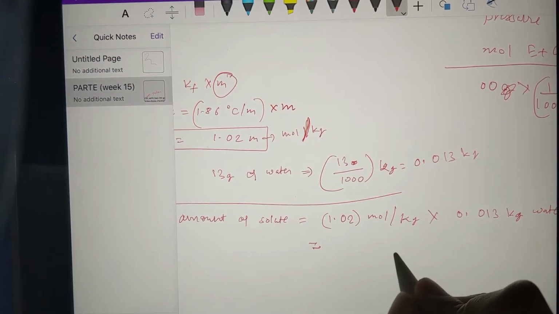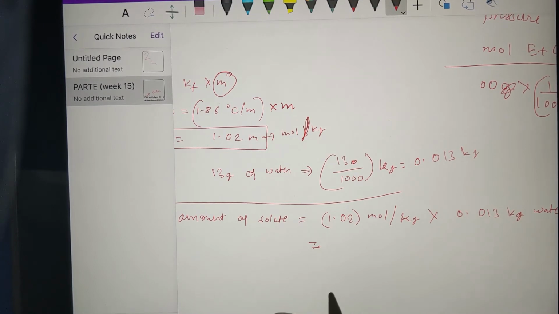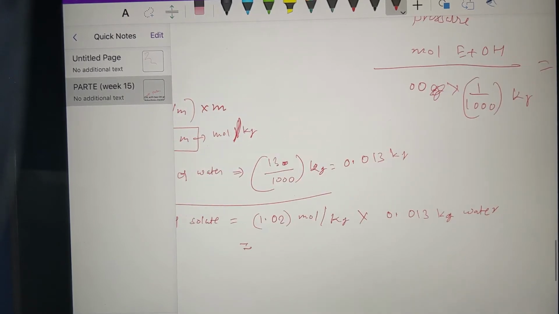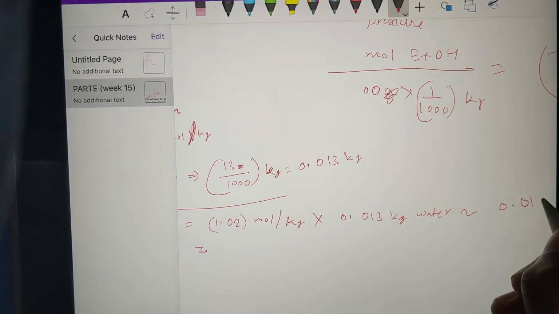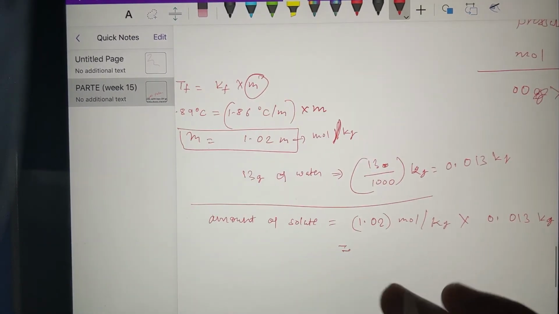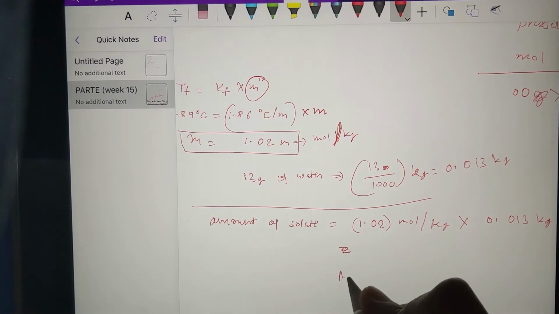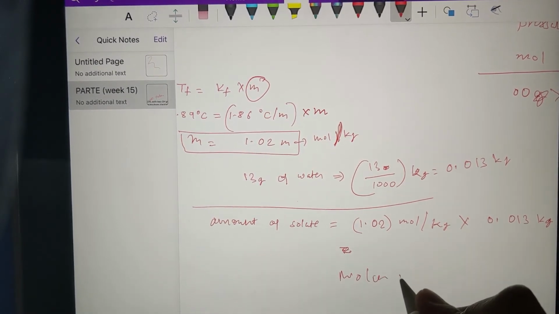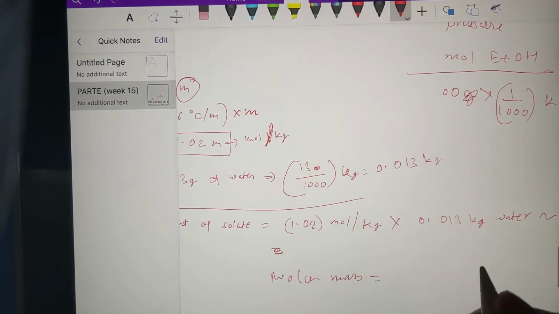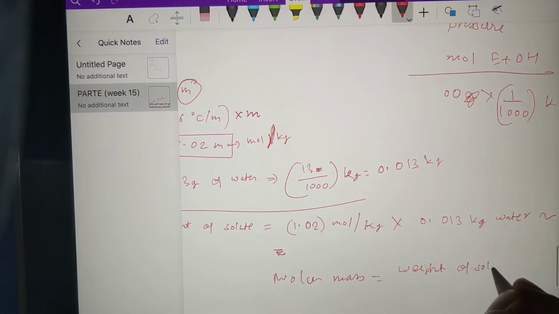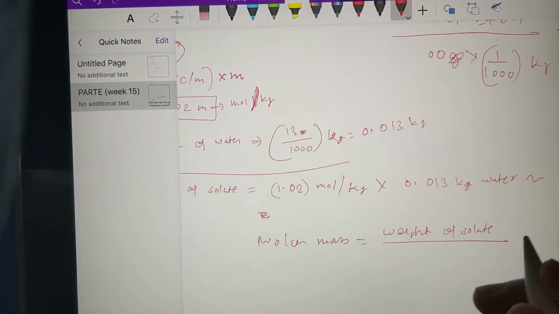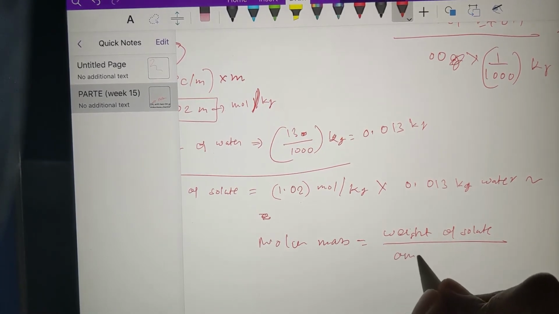So whatever number you get from here, which will be around 0.0132. Okay, so to calculate the molar mass, you're gonna take the weight of solute and divide it by the amount of solute.